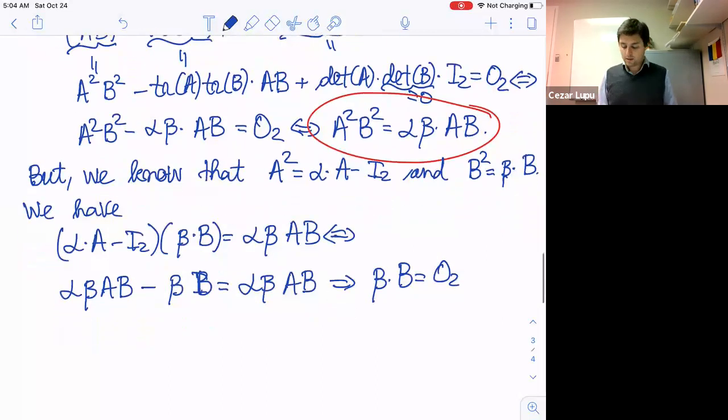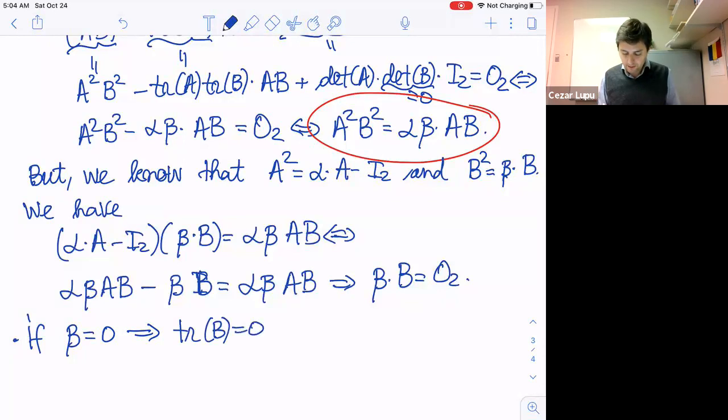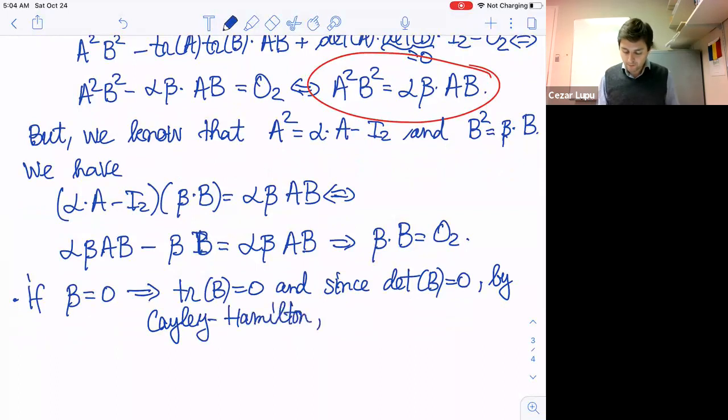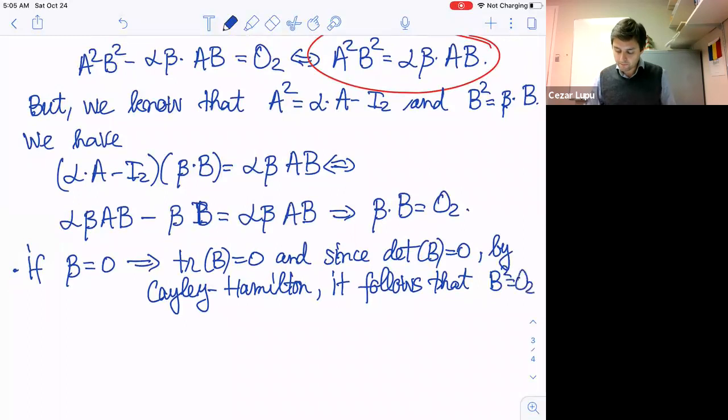So we have two cases here. If beta is 0, then this implies that the trace of B is 0. And since the determinant of B is 0, by Cayley-Hamilton, it follows that B squared is 0, is O2.